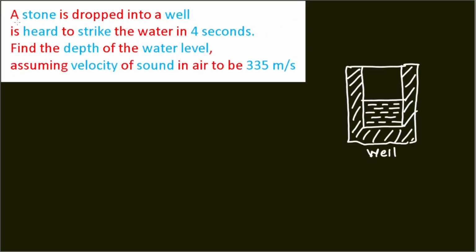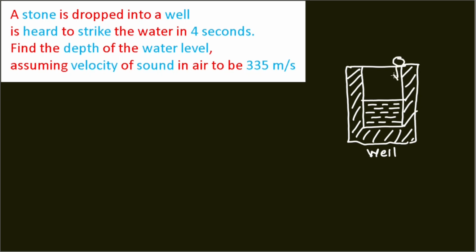Next problem is a stone is dropped into a well is heard to strike the water in 4 seconds. Find the depth of the water level, assuming velocity of sound in air to be 335 meter per second. A stone is dropped. This is the stone which is dropped.